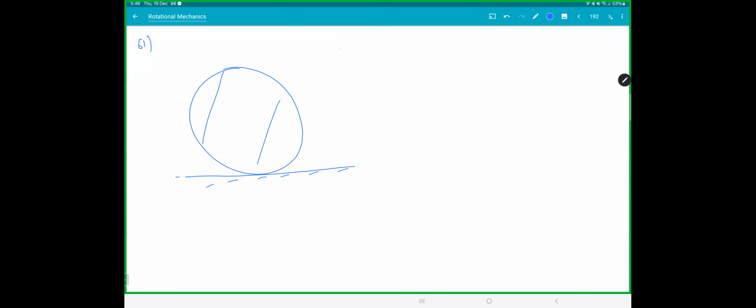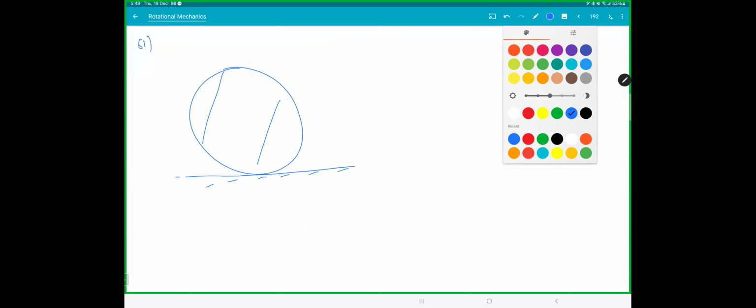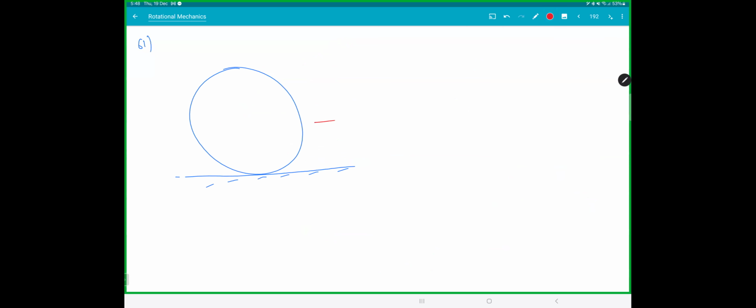So we have our disk here. This is going with V, rotating with omega. There is no slipping. A is the topmost point. B is the horizontal point.